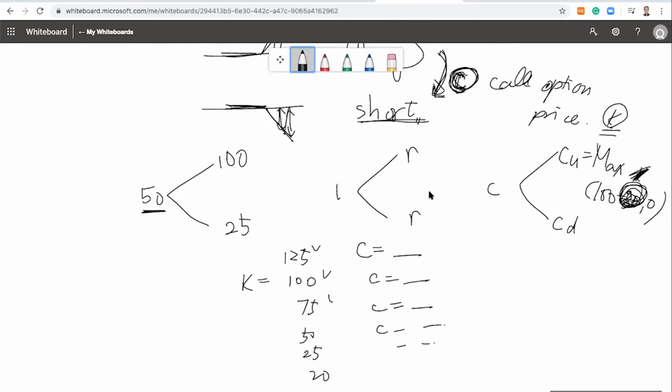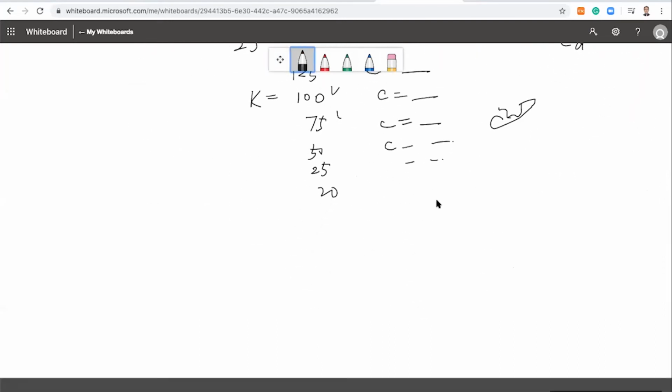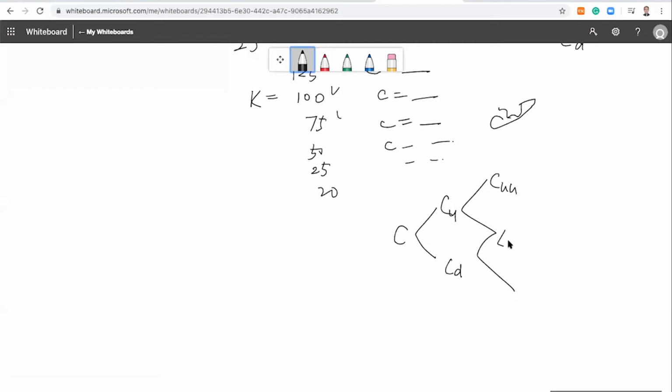So as our binomial tree grows on, it will look like this. U, C, D, C, U, U, C, U, D, and then some more.